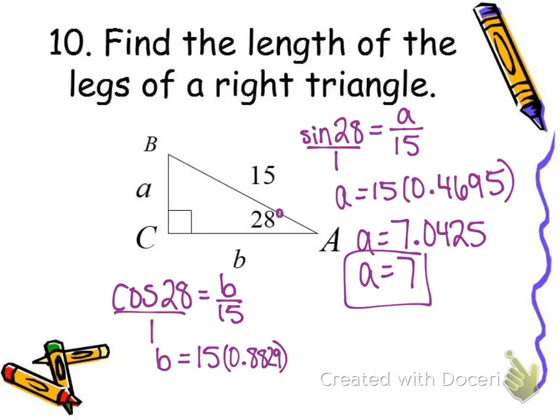And then we still have to take that and multiply it by 15. And what do we get for side B? 13 point. We gotta get this one done. 13.2 is correct.